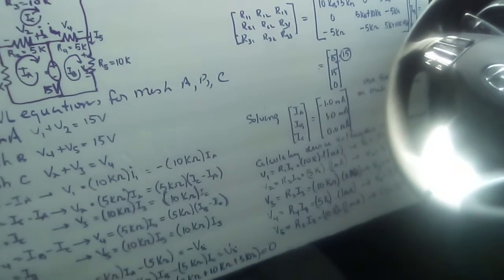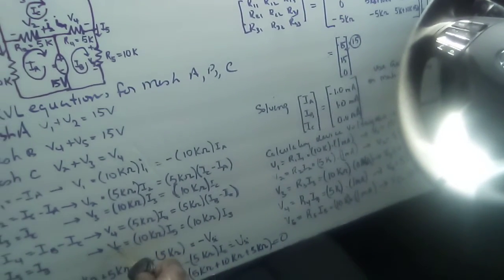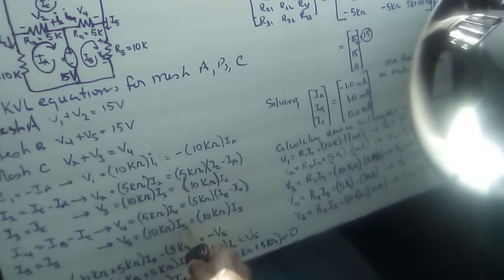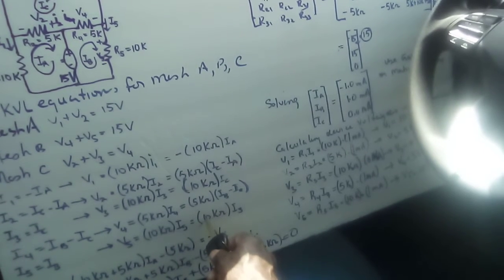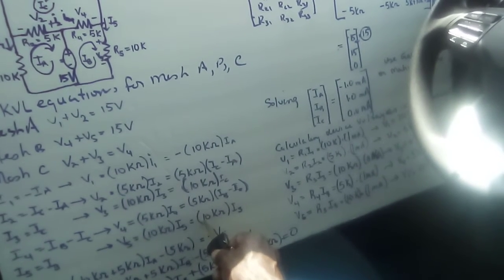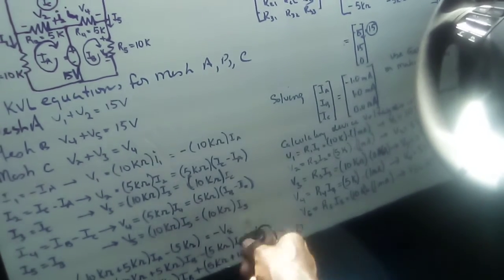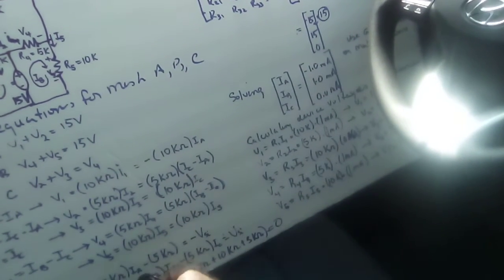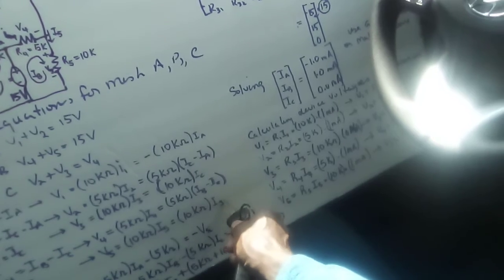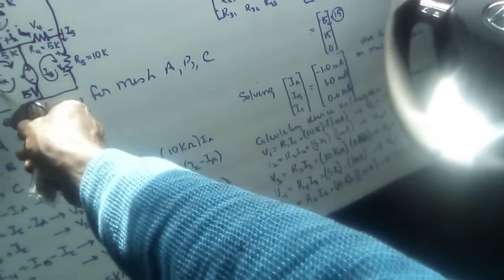And so on and so forth. We come down to I5 equal to IB, and V5 is equal to 10 kilo ohms times I5. I'm making my 5 look like a 3 here, so this could have been a 3. Let's go back to the circuitry and see what it is.